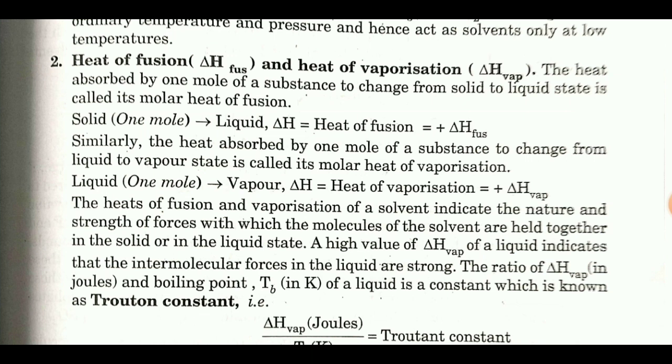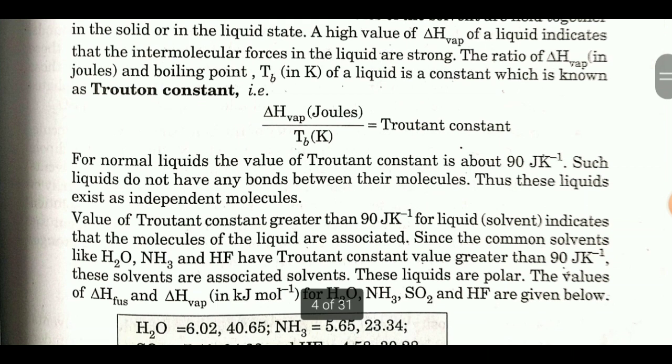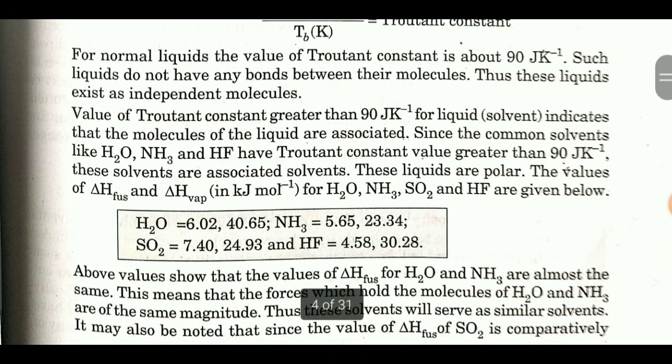The ratio of delta H of vaporization in joules and boiling point Tb in Kelvin of a liquid is a constant which is known as Trouton's constant, that is, delta H of vaporization in joules upon Tb in Kelvin is equal to Trouton's constant. For normal liquids, the value of Trouton's constant is about 90 joule per Kelvin.